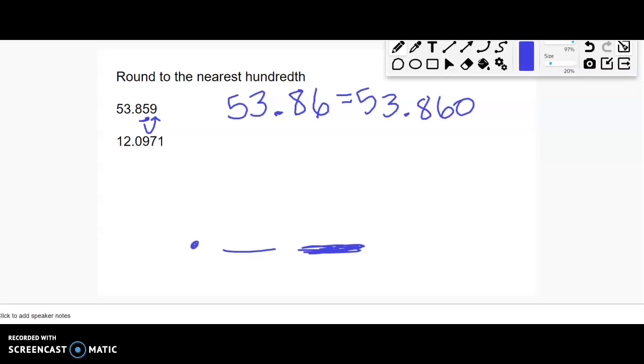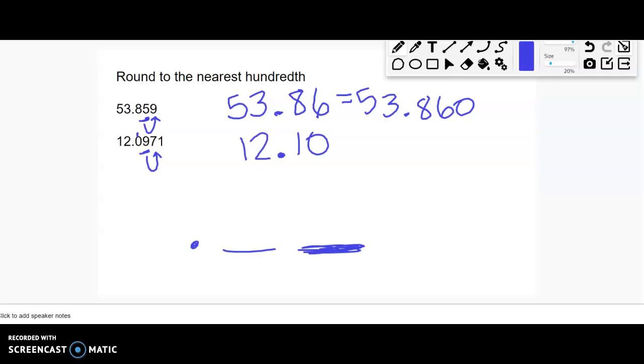Now this next one is a wee bit tricky, because if I look at my hundredths, I got 9. I go next door. 7 tells me to round up. So that 9 is going to round up to a 10, but it's like it gets carried next door. So the 1 actually gets carried over to my tenths place. So I end up with 10, not just 0.010, because that would be smaller.